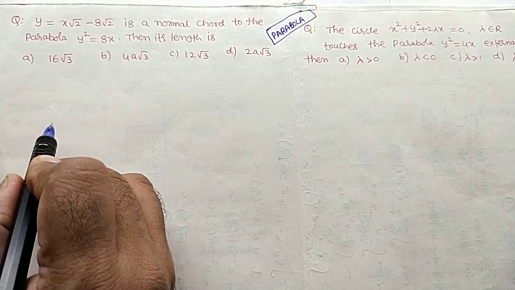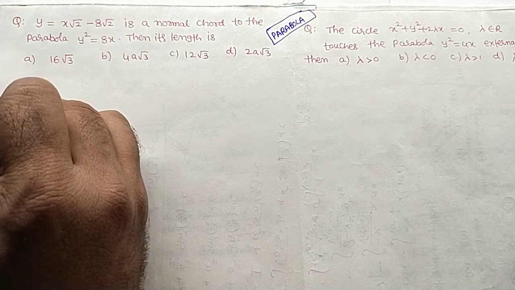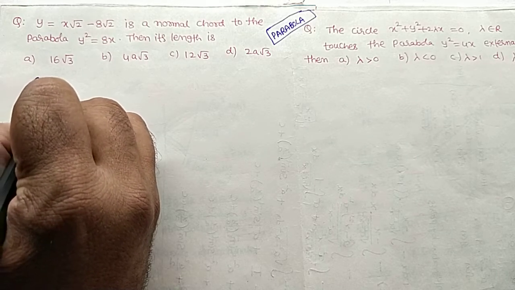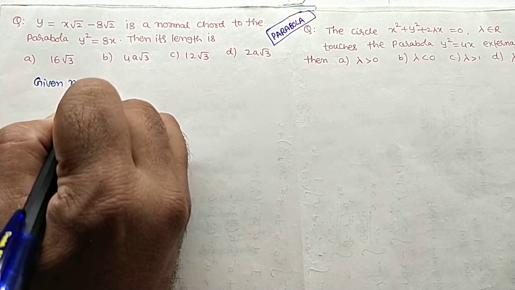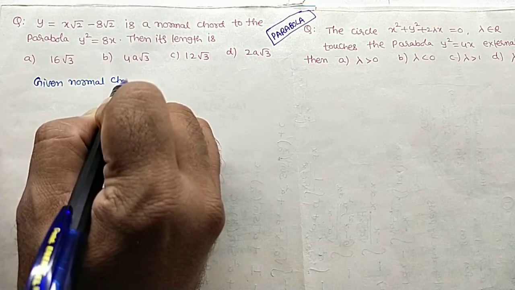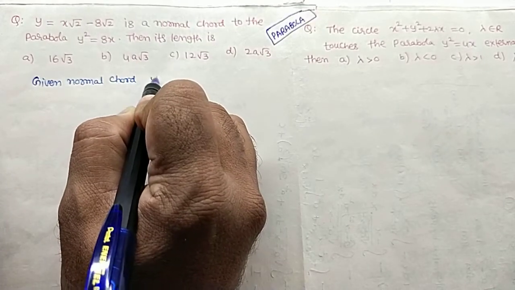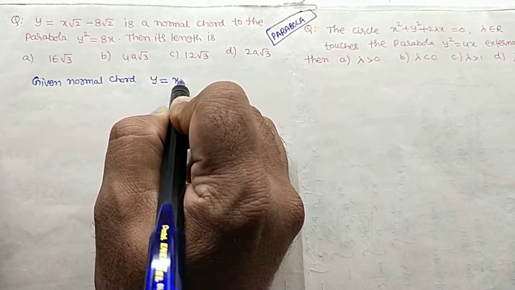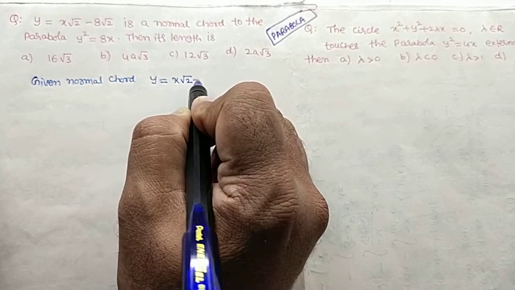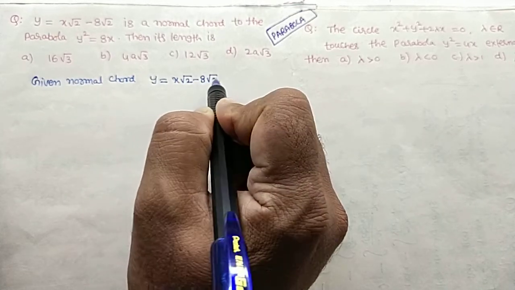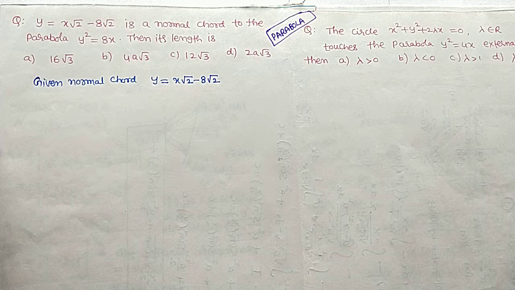So first, given normal chord y is equal to x root 2 minus 8 root 2.